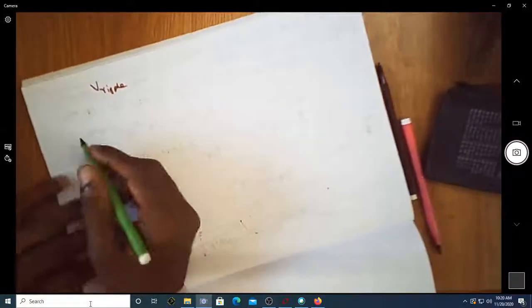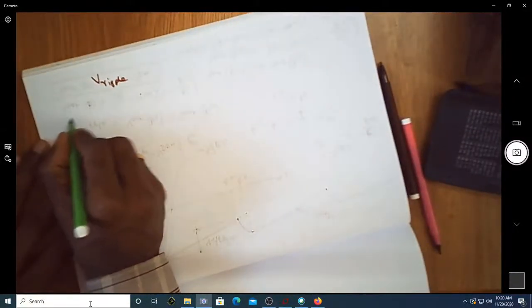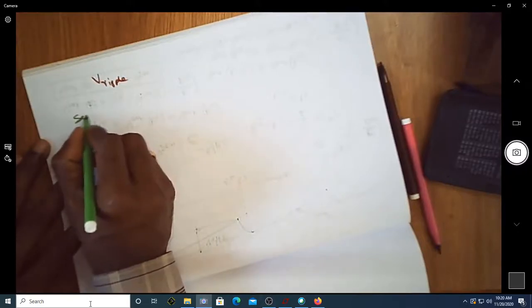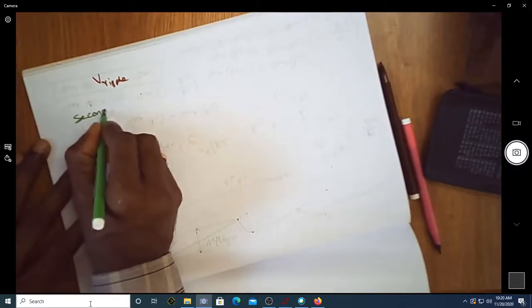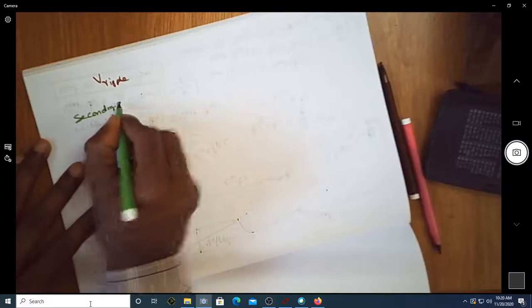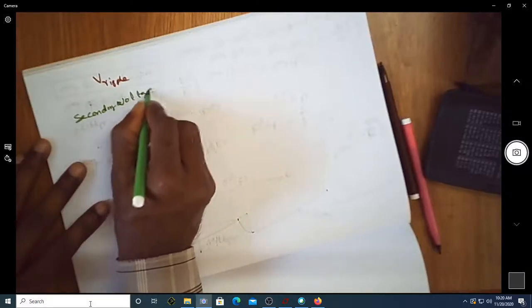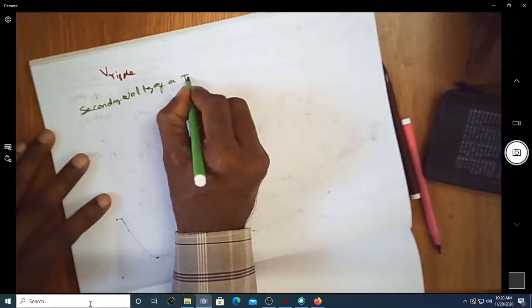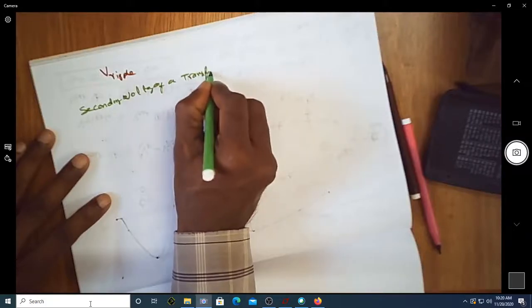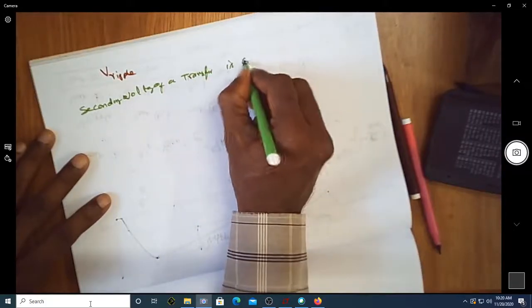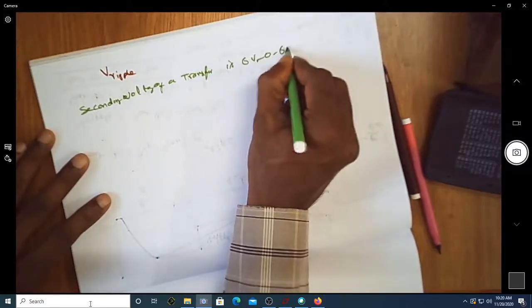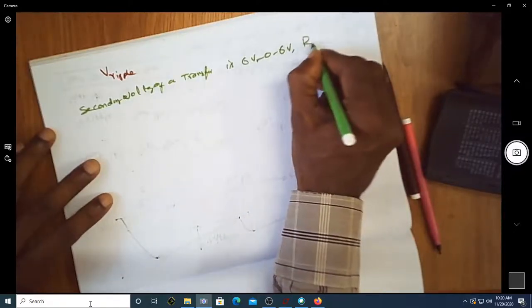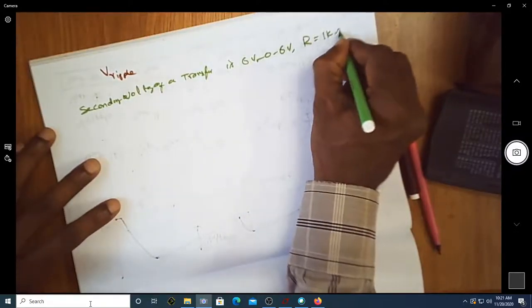Of course we can do one such design. Suppose the secondary voltage of a transformer is 6 volt, 6 volt, and the value of R is equal to 1 kilo ohm.